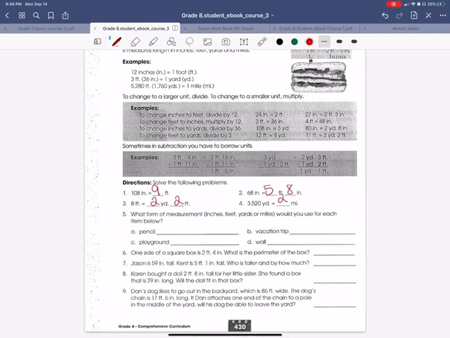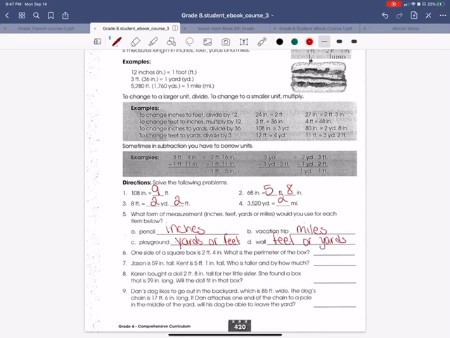For 5A, you should use inches. For B is miles. For C, you can use yard or feet. And for D, you can use feet or yards.